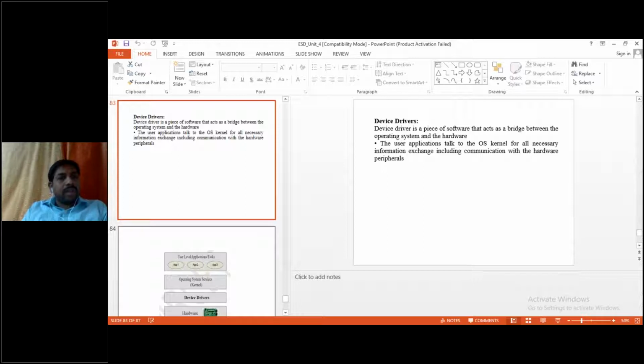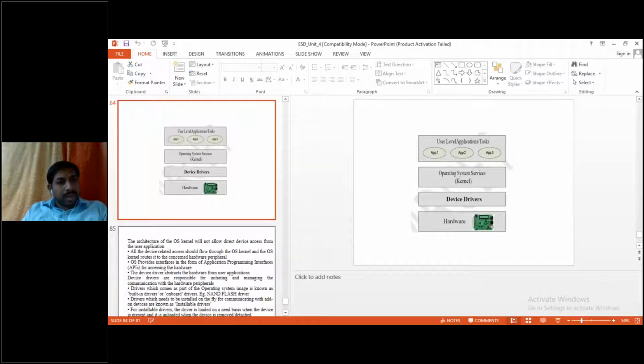Device drivers. A device driver is software acting as a bridge between the OS and the hardware. The user applications talk to the OS kernel for all necessary information exchange, including communication with the hardware peripherals. So these are user level application tasks: application 1, application 2, application 3. There is an OS which is separated from the hardware by the device driver.